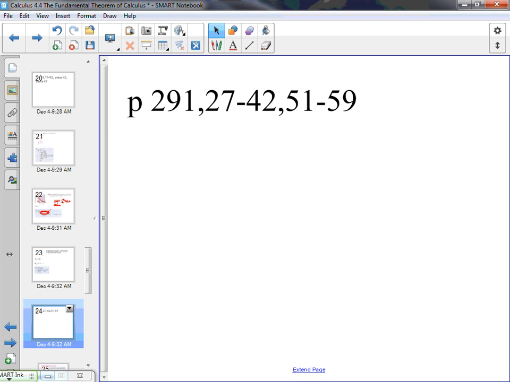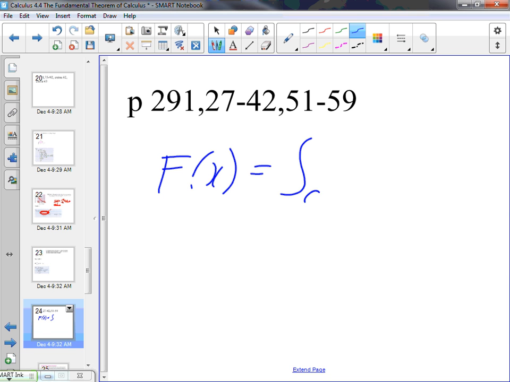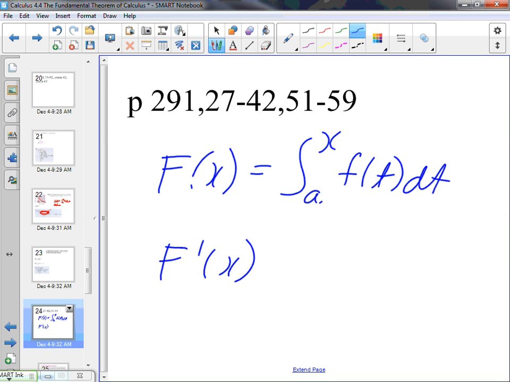How do we know when to consider this as opposed to just plugging in the first? The only time the second fundamental theorem of calculus is applicable is if you have a function that's defined as a definite integral and you have to find the derivative of that.